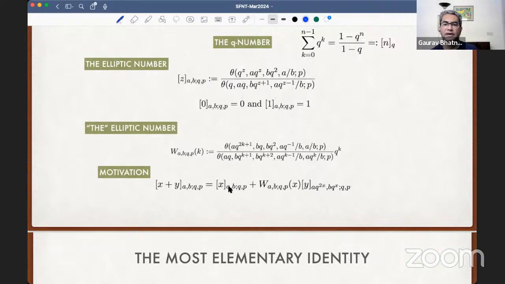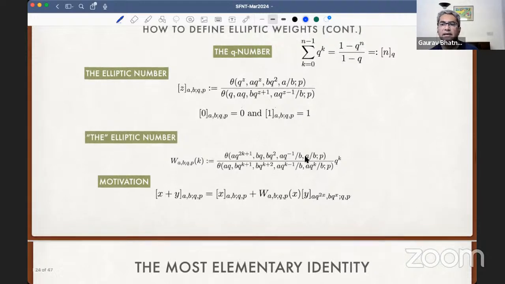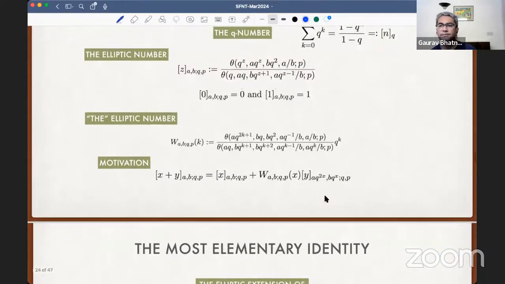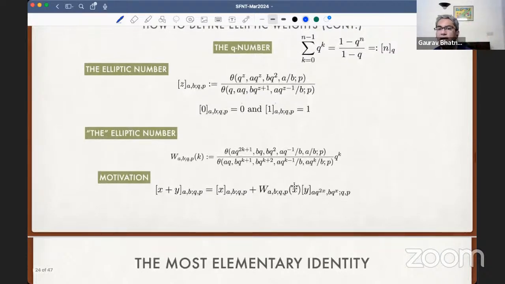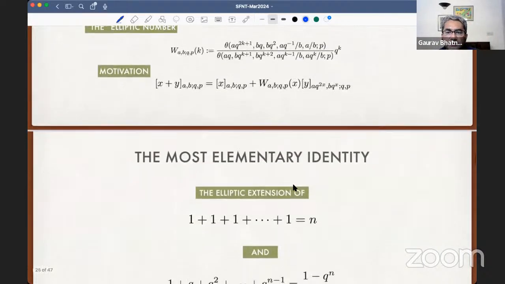We would like x plus y to be equal to x plus y. And the Q number satisfies x plus y equal to x plus q to the power of k, q to the power of x y. So both of these together define the elliptic number.